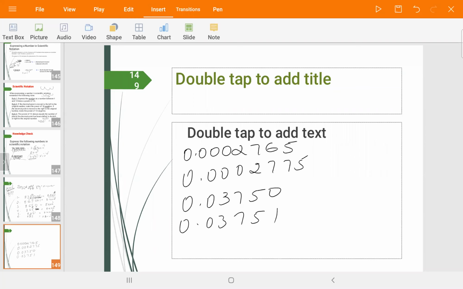So now, round off. Okay, back. Just round your answer to 4 significant figures.